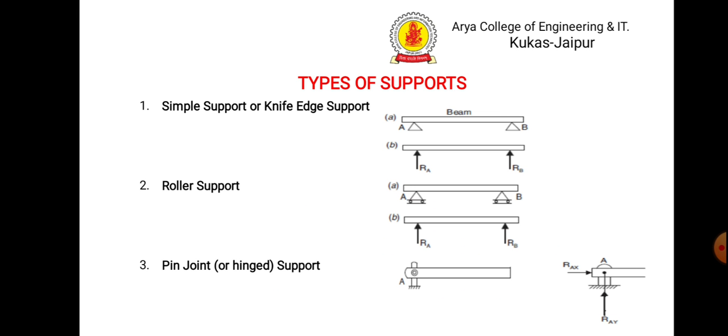For this there are two reactions: one along the x direction, the horizontal RAx, and one vertical, RAy. Actually, the reaction is the resultant of these two reactions. An example of a pin joint is when you open a door, it is a hinge. That is nothing but a hinge joint.